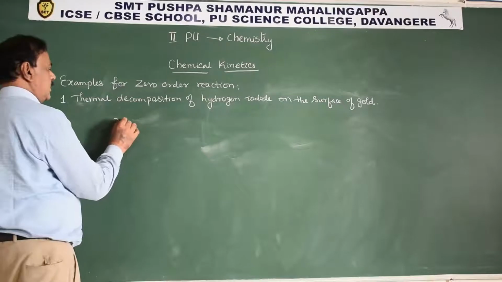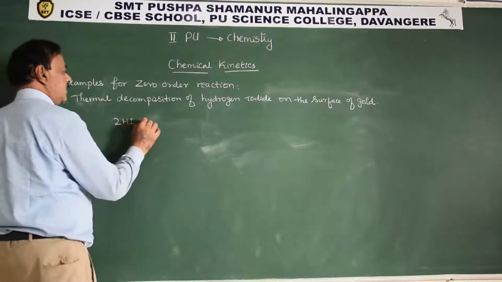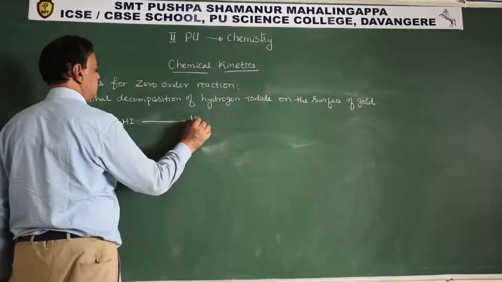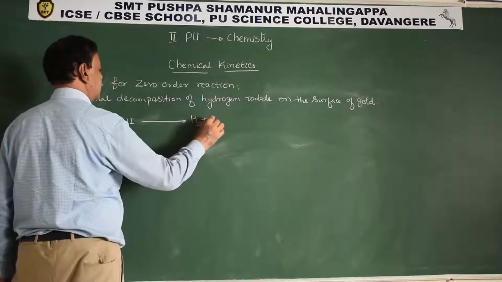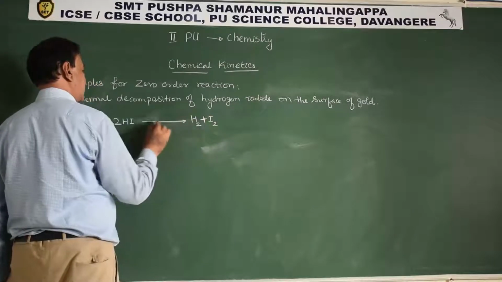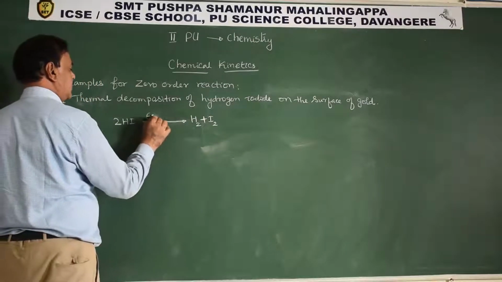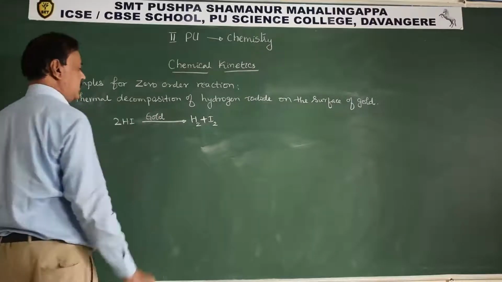Hydrogen iodide decomposes to give hydrogen plus iodine. This is on the surface of gold.